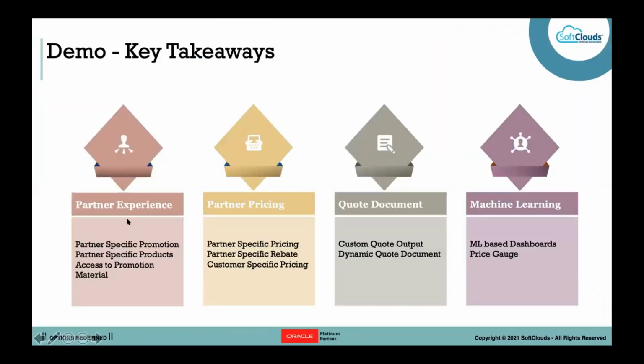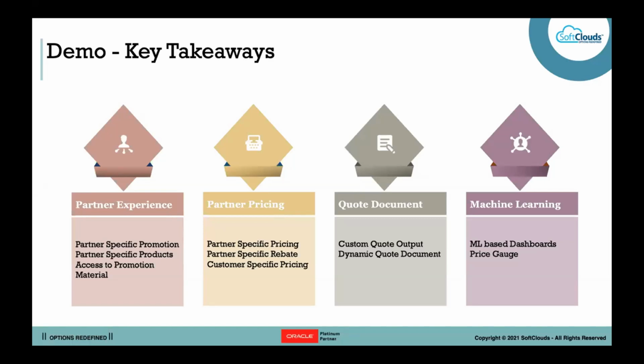So the key takeaways from this demo are that we were able to provide a customized user experience for each of the partners by giving partner-specific promotion, partner-specific products, access to promotional materials, and all. We also were able to give partner-specific pricing. There was a partner-specific rebate, and you can also have customer-specific pricing if you have a specific agreement with the customer. Also, the quote document that was generated was again branded as per the partner.